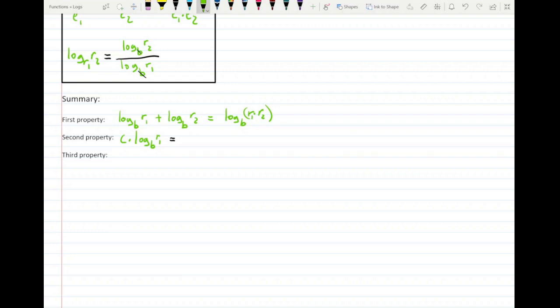So c times log base b of r1 is equal to log of the same base b of r1 to the power of c. And finally, we have the change of base property, usually written as log base r1 of r2 is equal to log base b of r2 all over log base b of r1.